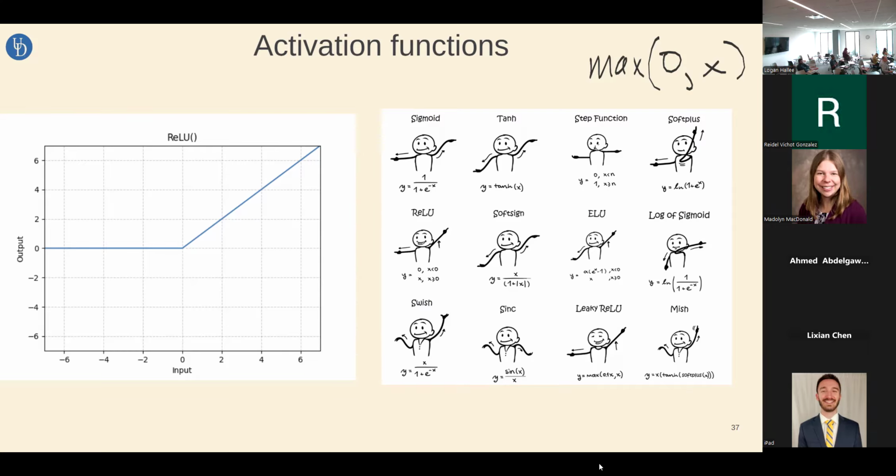But you'll also see things like GLU, which is essentially some other continuous function, but it looks like this. So it allows a little bit of negative. But in general, it doesn't matter that much which one you choose for your network, but you'll see tanh, ReLU a lot, GLU.